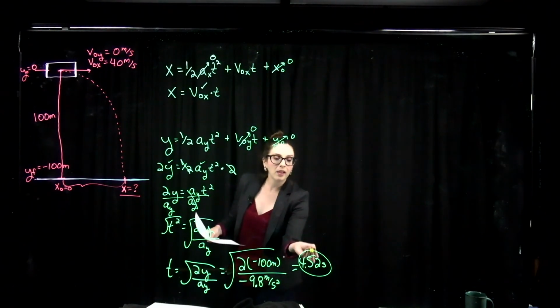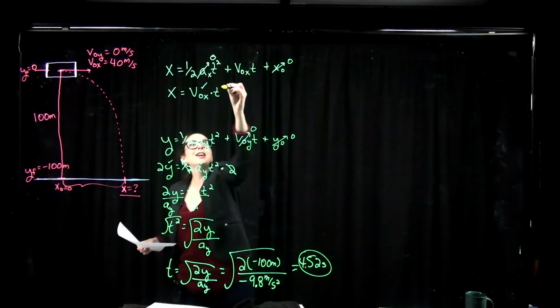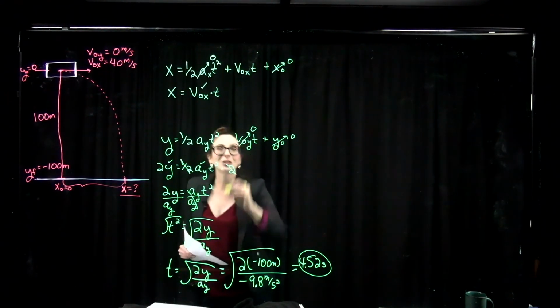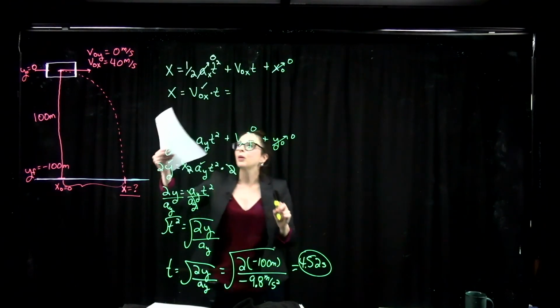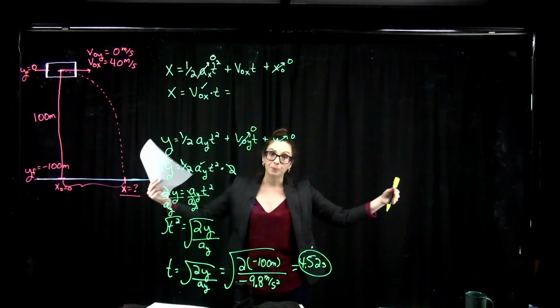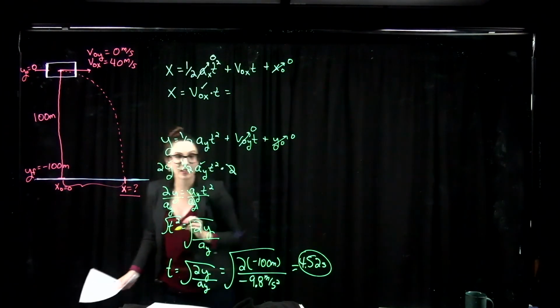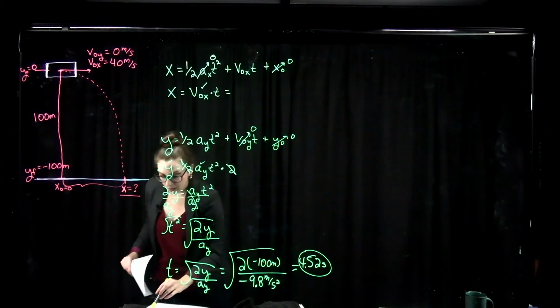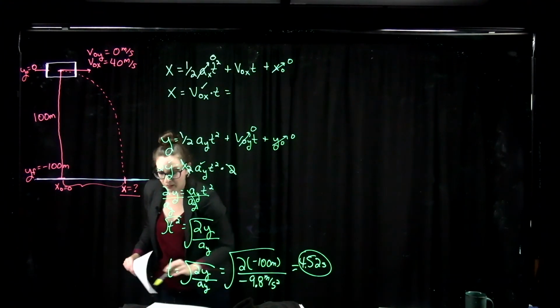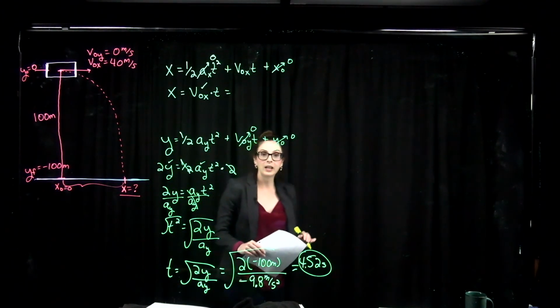Okay, so we can plug that in up here for our time to fall. So then we can find our horizontal position at which our box lands, where the package strikes the ground relative to the point at which it was released.